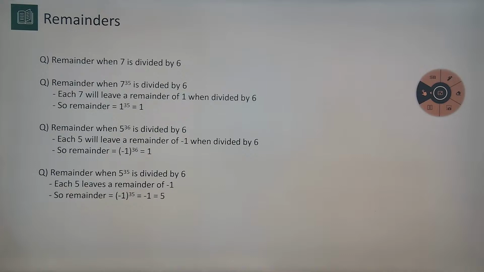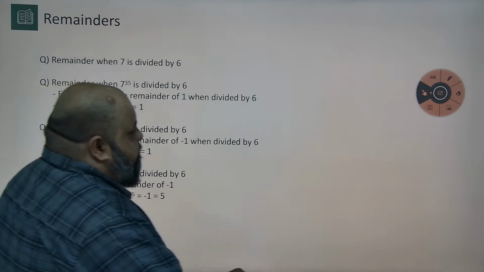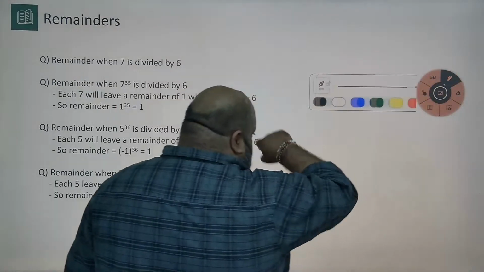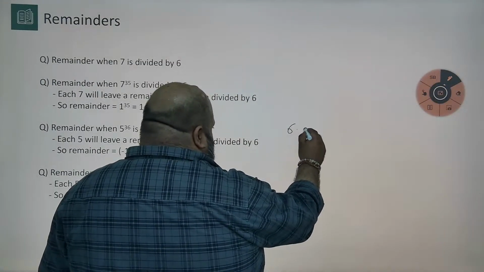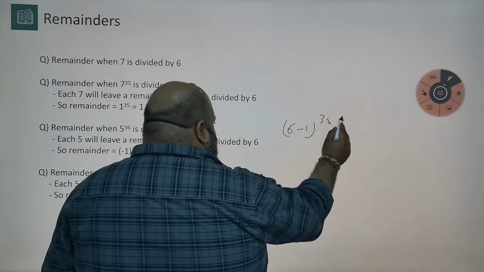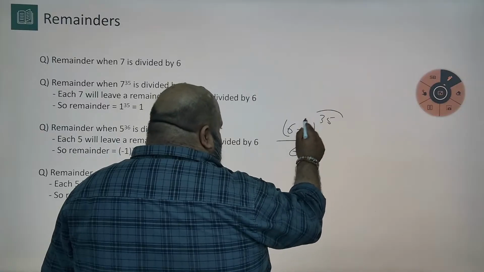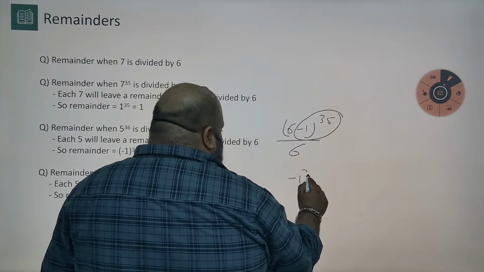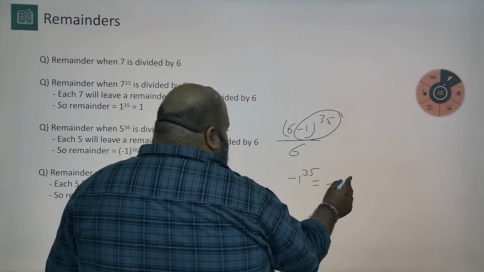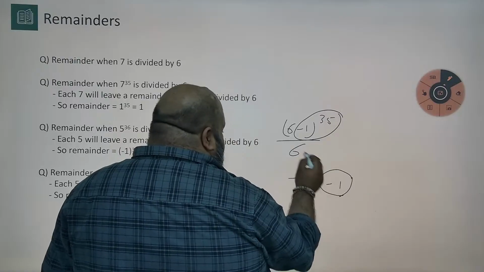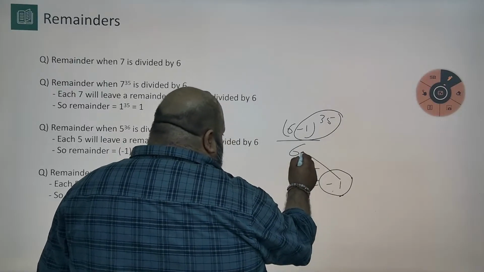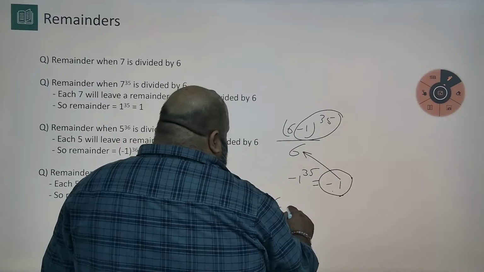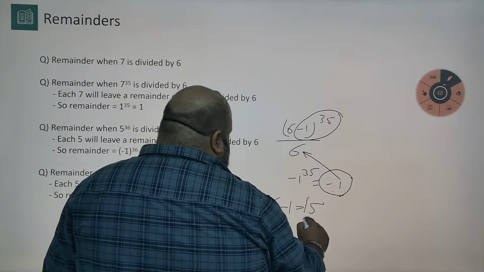So the remainder that I'll get is -1 raised to the 35, which is nothing but -1. Since I'm getting a negative remainder, I will take this and add it to the divisor. And therefore my answer becomes 5.